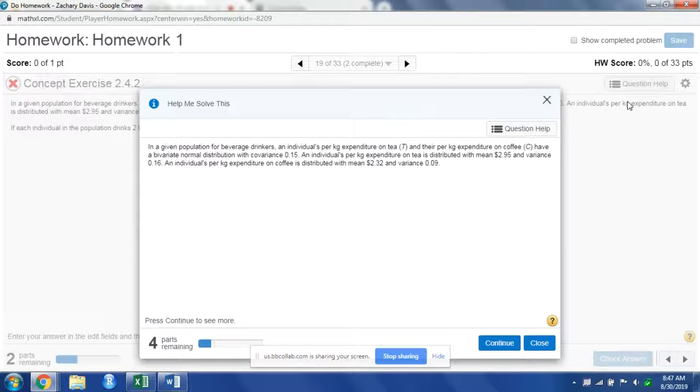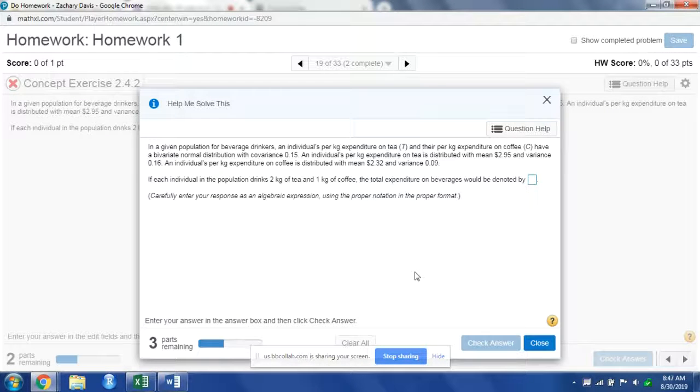So the first thing it's going to do is give you a look at the problem. So same problem. Then it's going to help you derive the first part of it, which is the basic expression of how these two relate. So we have 2 kilograms of tea and 1 kilogram of coffee.